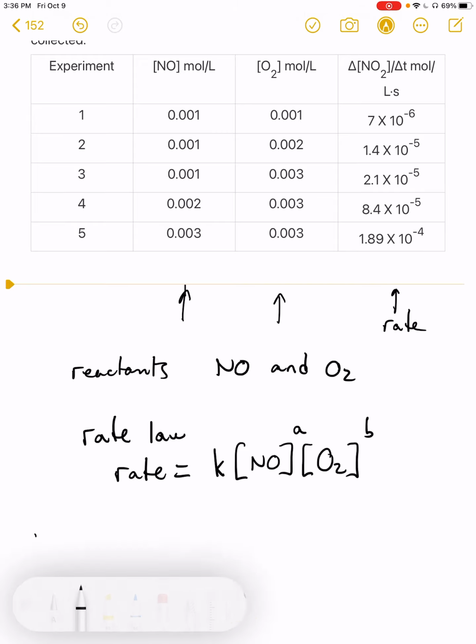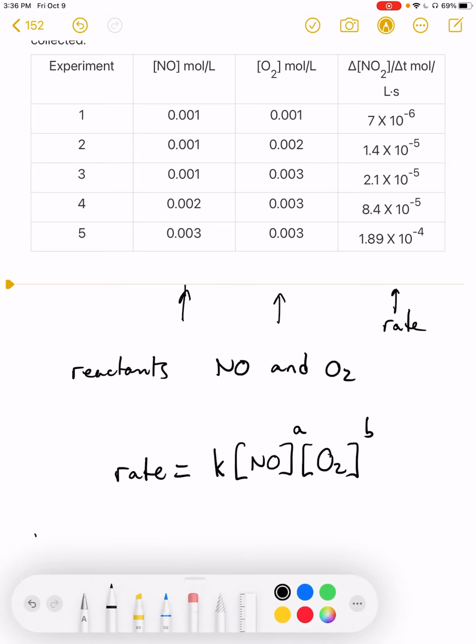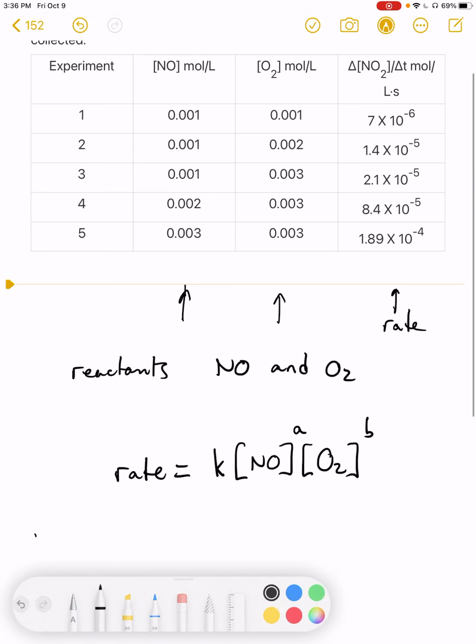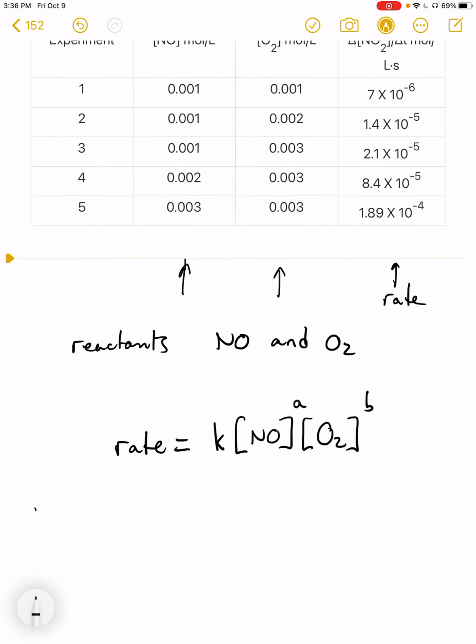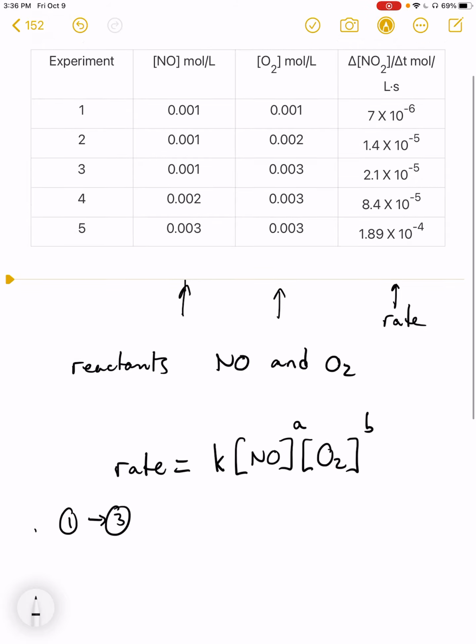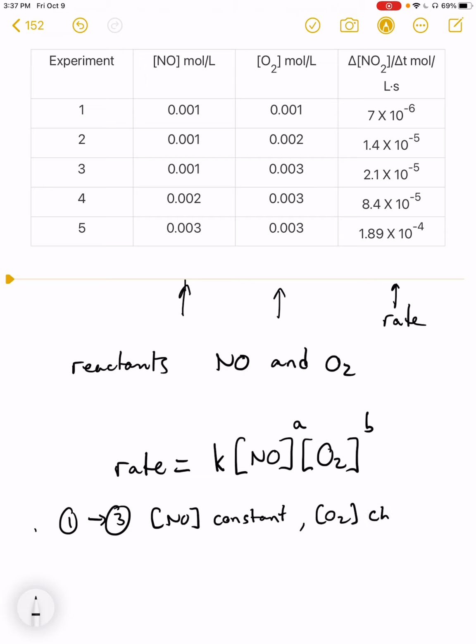So at this point, now we can use these experiments to determine these orders. If we look at experiments 1 through 3, you might notice that my NO is held constant. It is not changed. It is 0.001 moles per liter in all 3 of those experiments. But my O2 concentration changes.